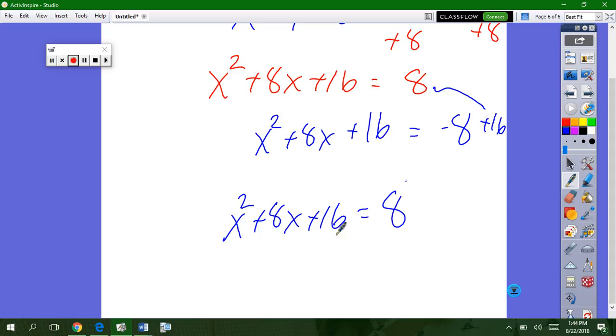Okay, what is this equivalent to? The whole reason why we just did it? 4 all squared. I didn't hear your X. I only heard the 4 part. Because remember, that's the whole reason why we did this perfect square trinomial.